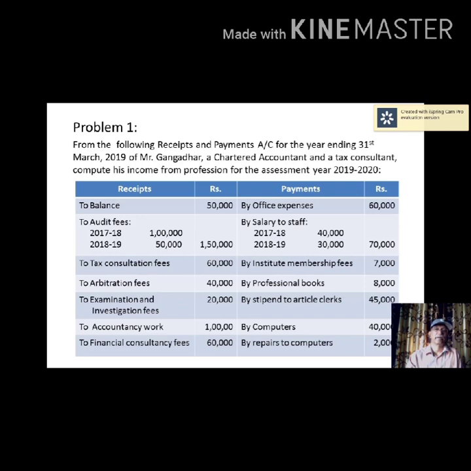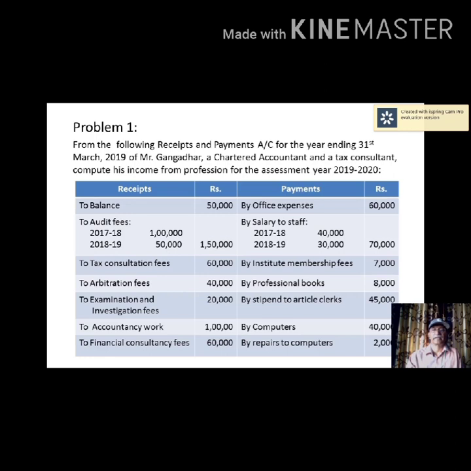Now let us take a problem and let us see how it is going to be solved. So this is a problem. I just read out: from the following receipts and payments account for the year ending 31st March 2019 of Mr. Gangadhar, a chartered accountant and a tax consultant, compute his income from profession for the assessment year 2019-20.